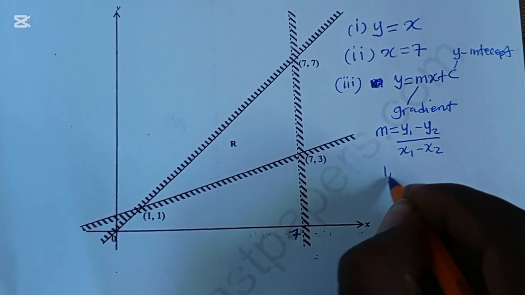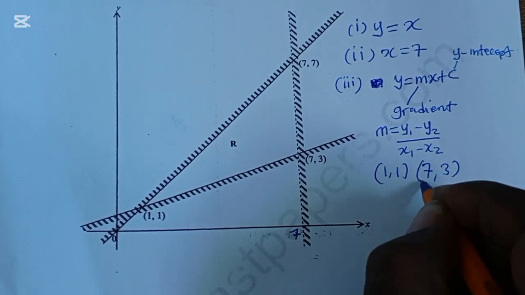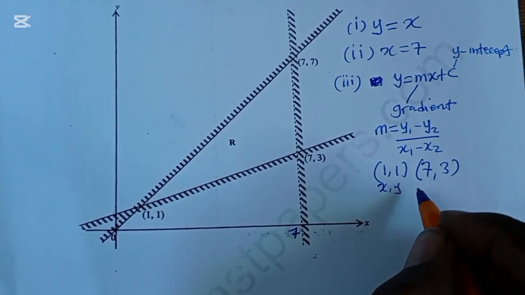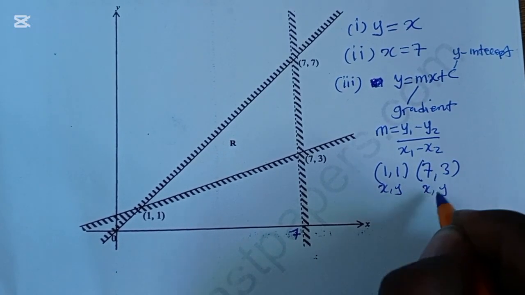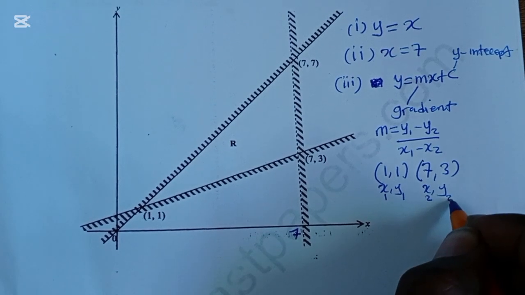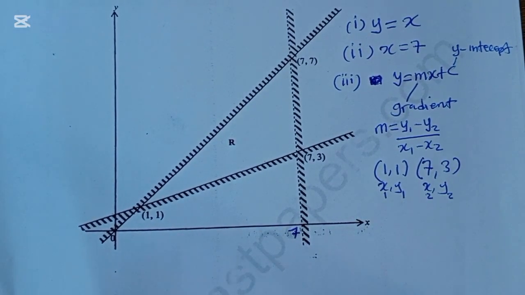Remember that a coordinate, it is x, y. So if this is x1, y1, this is x2, y2. There is no problem. The answer is just the same.